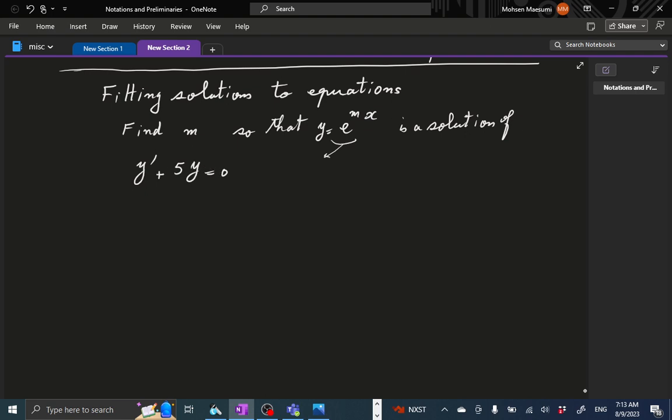Well, let's see if it works at all. If this is e^(mx), then y prime, you remember the differentiation rule, is m times the exponential of mx, so the derivative of the exponent comes in front. What is it that I want my y to do?